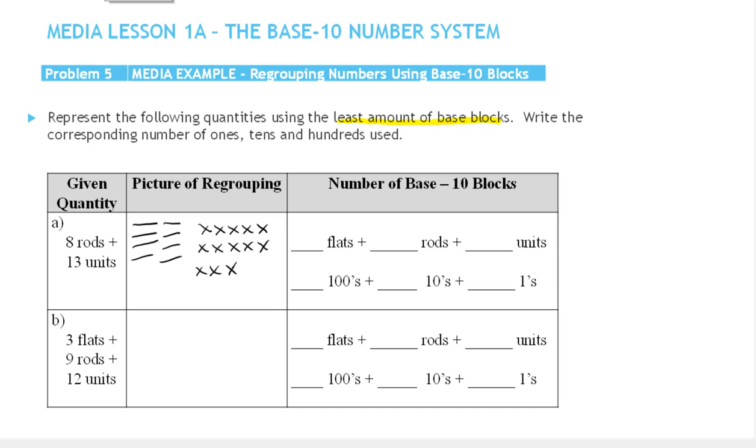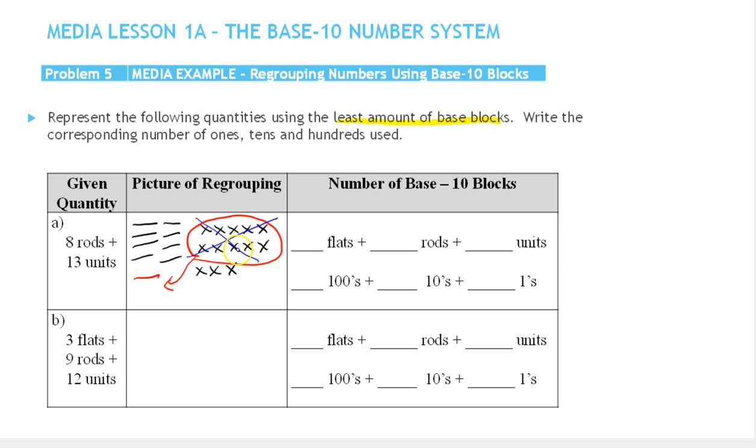Now what we did is we took 10 of the units and we grouped them together and replaced it with a single rod. So I circled these 10 units in red and made this one rod. And now I'm going to use a different color, and I'm just going to cross this out to know that we made this trade. We no longer have 10 units, instead we have 1 rod.